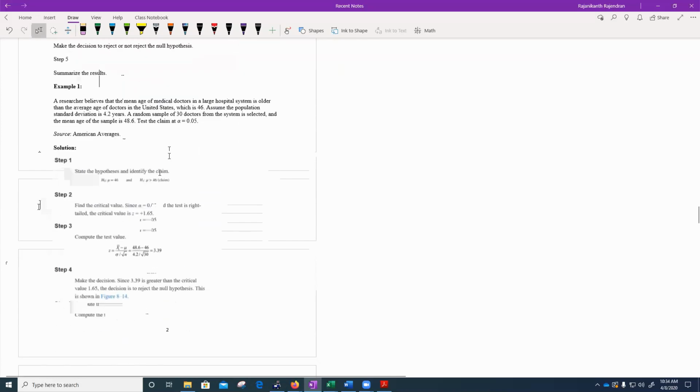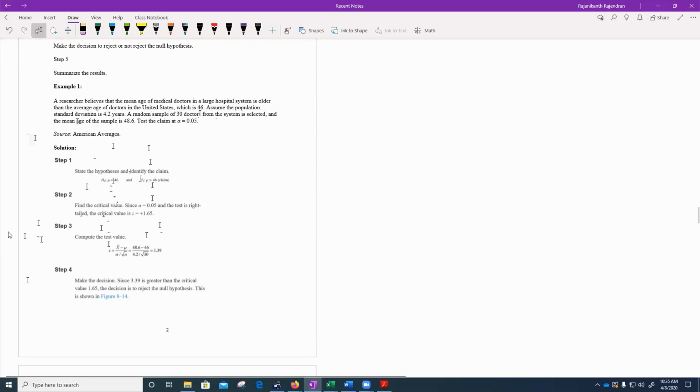Okay, so one problem is already worked here, and I have shown you. Let me explain this. A researcher believes that the mean age of medical doctors in a large hospital system is older than the average age of doctors in the United States, which is 46.